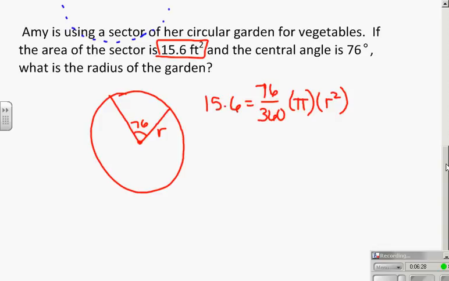And I'm left with something that can be solved with algebra. Now, to undo this fraction, you either multiply by the reciprocal, or you can do it in pieces. You can multiply by 360 and then divide by 76 pi. When you do all that, what you're going to come up with is that 23.5 is equal to the radius squared, which means the radius is 4.8 feet.